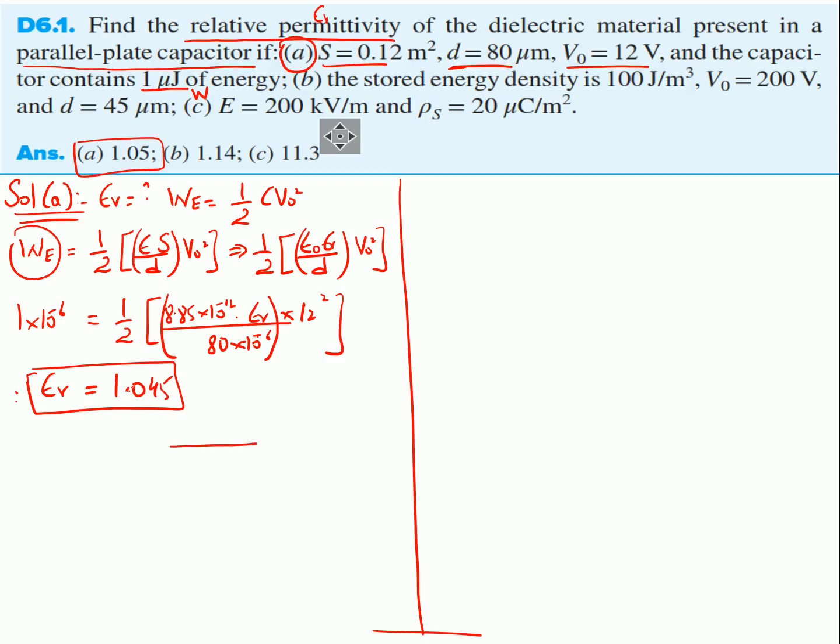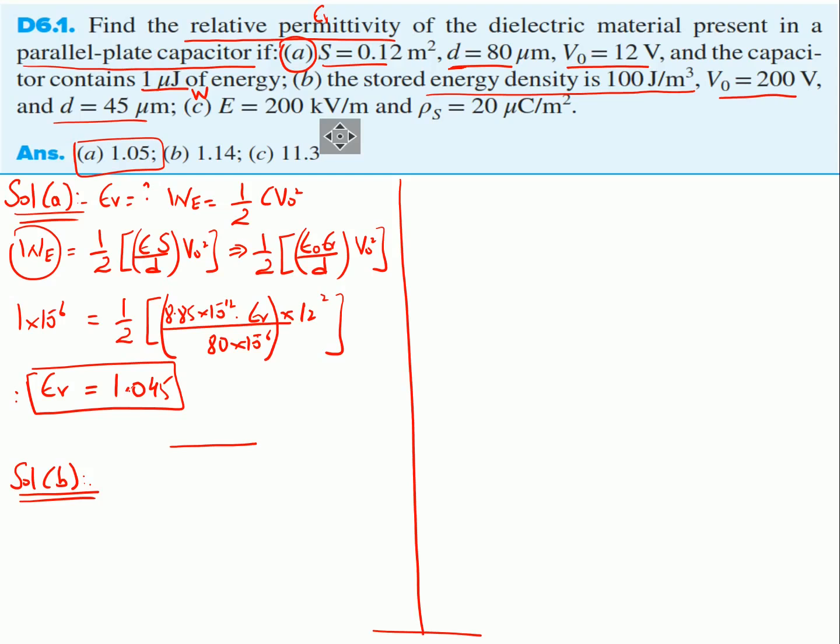Now let us come to the second part. The second part is again asking us to find the relative permittivity, but this time the stored energy is 100 joules per meter cube with a potential of 200 volts, and the separation is 45 micrometers.